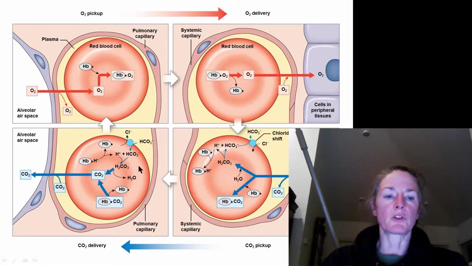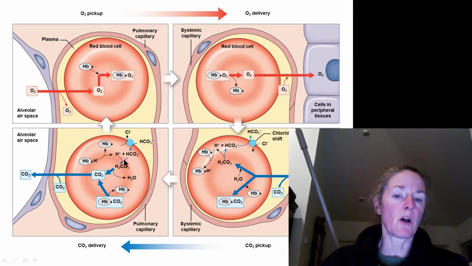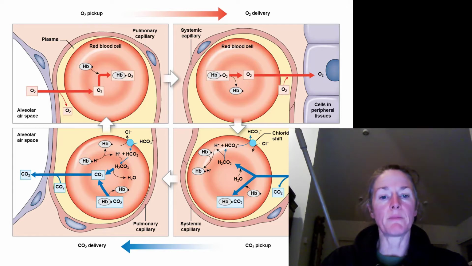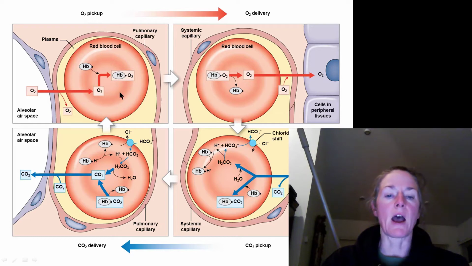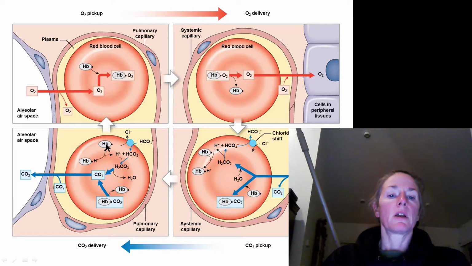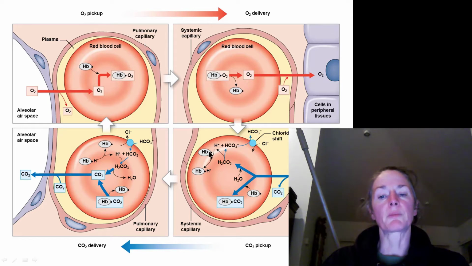Now, as we approach the lungs, what's going to happen is the bicarbonate ion will be brought back into the red blood cell. The chloride ion will be pushed out or transported out. And then we will have our hemoglobin, which was buffering our hydrogen. Remember, hemoglobin is a protein, and it can also act as a protein buffer.